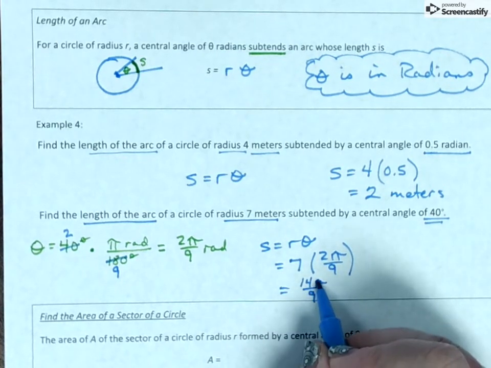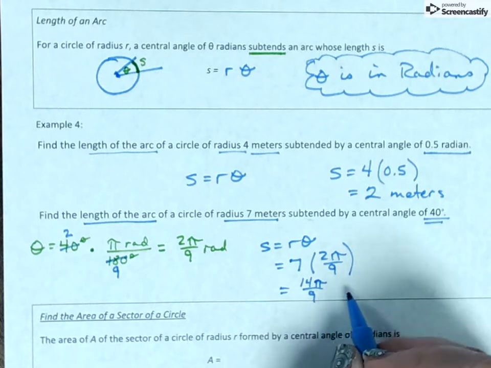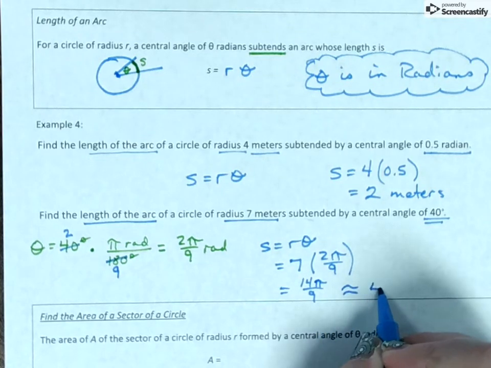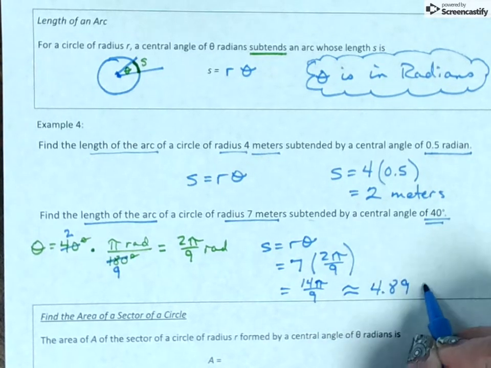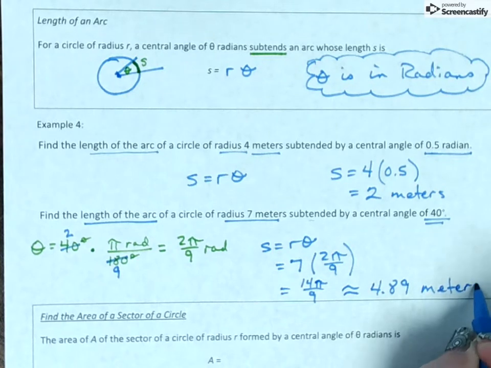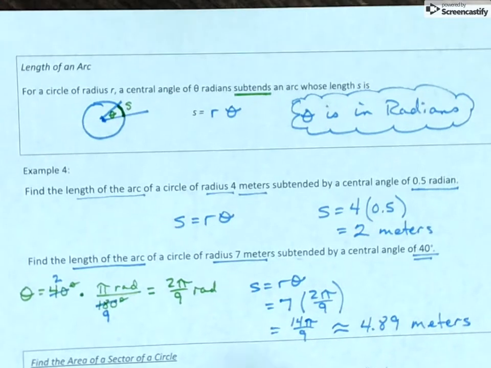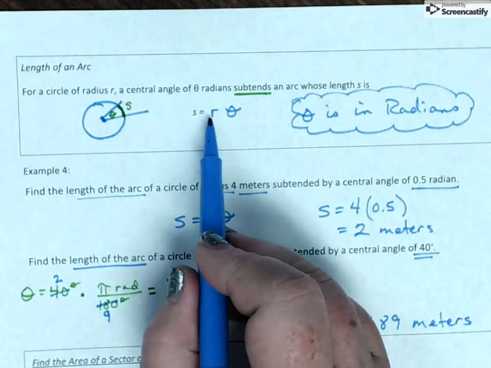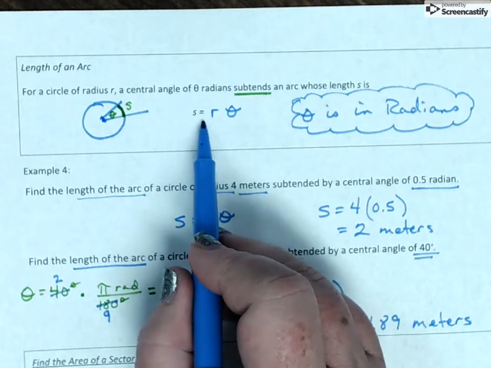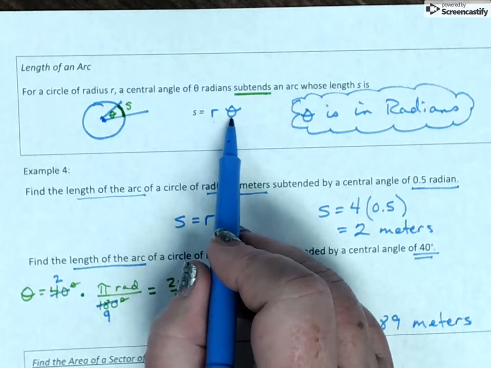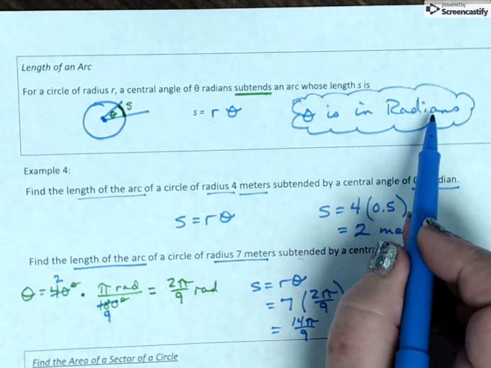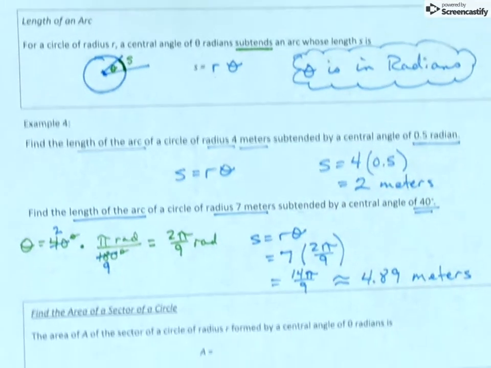Now we can put that in our calculator, 14 pi over 9, and find out that is approximately 4.89 meters in length. Okay? So once again, the formula for an arc length is S is equal to radius times theta, but theta must be in radians.